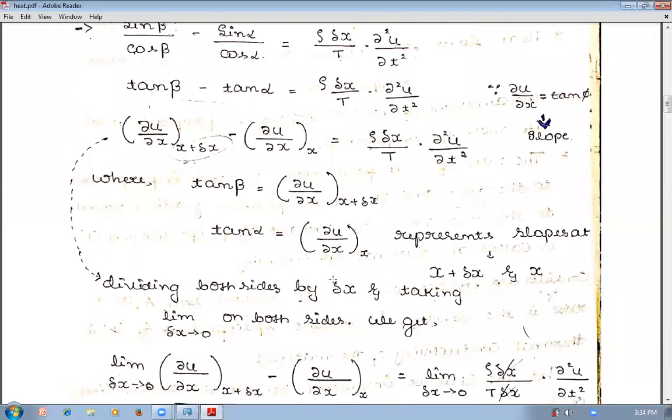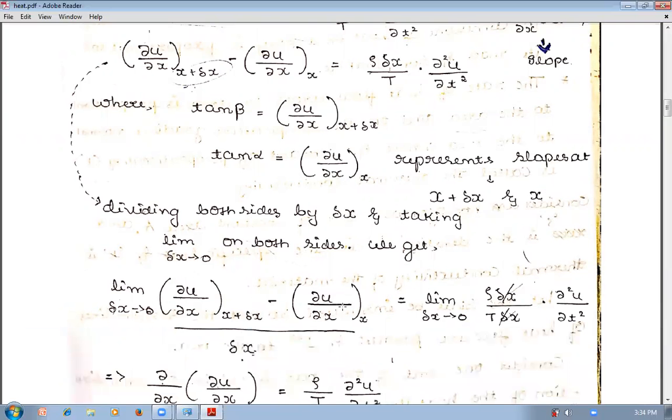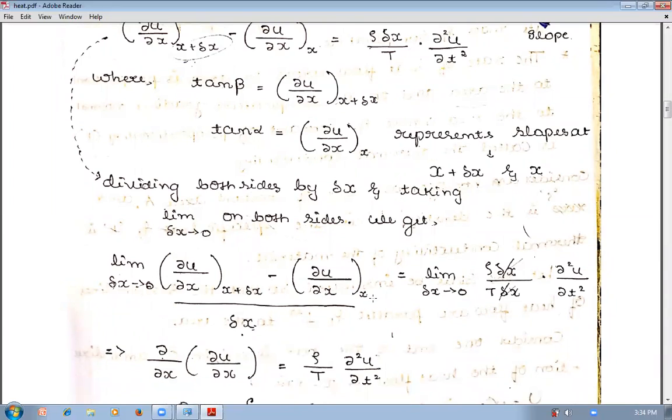Dividing both sides by delta x, delta x gets cancelled on the right side. We obtain [∂u/∂x at x plus delta x minus ∂u/∂x at x] divided by delta x, and the remaining terms are rho/T ∂²u/∂t².